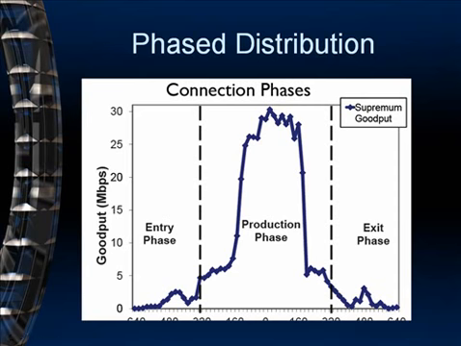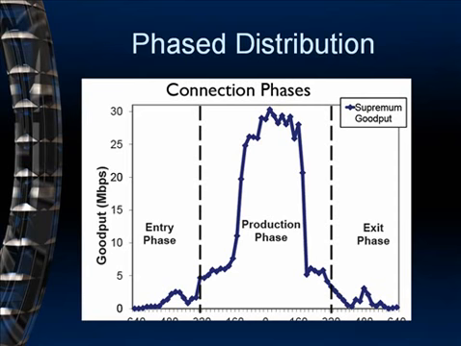Suppose there is no other car, or one car. If there is only one car, what will happen is the entry phase will have some data, the production phase will have much more data, and the exit phase will have a very low amount of data. So these are three different phases of the car. If we eliminate this phase and this phase from a car, then effectively the total amount of data transferred will not be significantly affected.